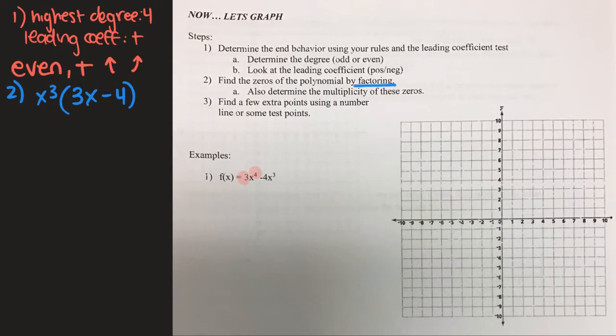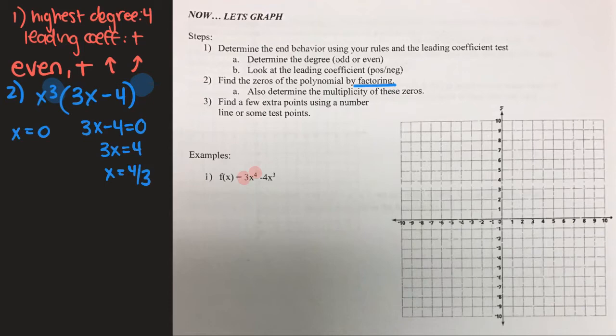So now that it's factored, I'm going to look at my roots and the multiplicities, and remember the multiplicities are those exponents. So we have a root at x equals 0 and we have a root at 3x minus 4 equals 0. I'm going to solve 3x equals 4, x equals 4 divided by 3. So we have 2 roots.